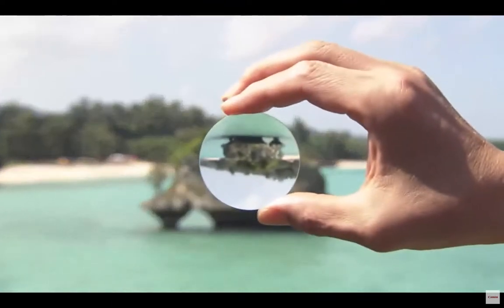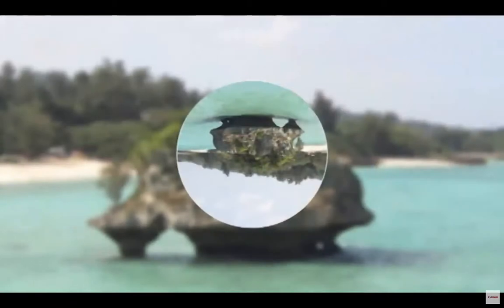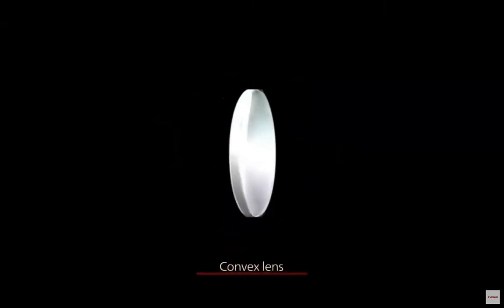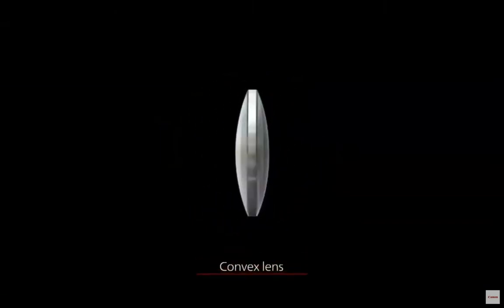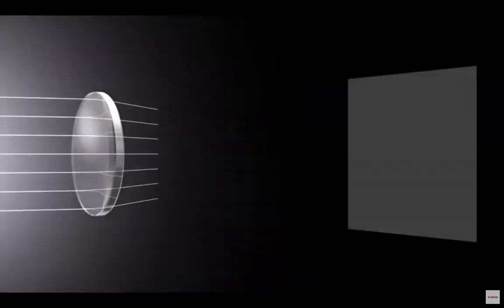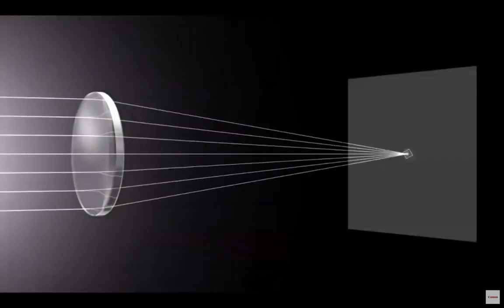If you look at a scene through a single lens, it appears upside down. Why is that? Lenses that are thicker at the middle are called convex lenses. These lenses cause parallel light rays to converge to a single point, called the focal point.